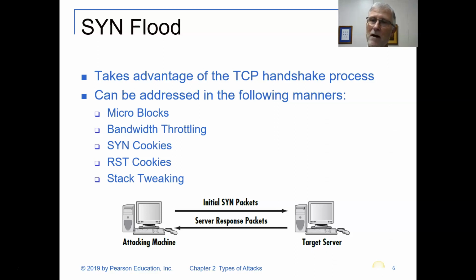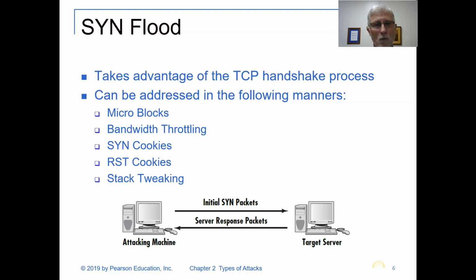The server responds with an acknowledgement of that, and then you follow up with a final acknowledgement. So there are three conversations that take place. But what attackers have taken advantage of is sending these initial SYN packets, and maybe they don't wait for a reply, or they put so many SYN packets in there that it can't connect.